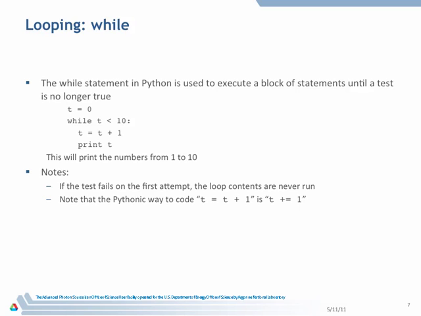If this doesn't evaluate as true on the first try, the statements are never executed. If I forget to increment t here, then this will loop forever until I turn off the computer or kill the program.